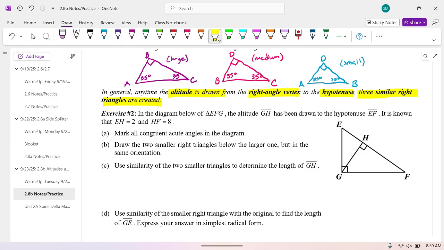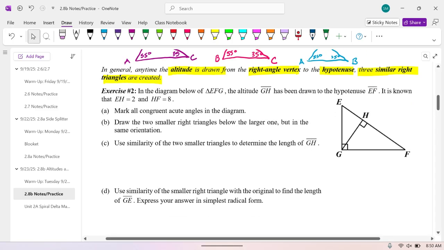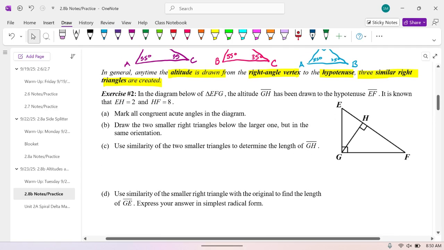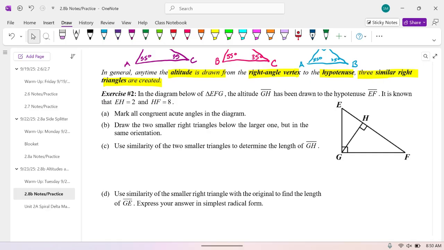All right. So let's actually do some stuff with this. Now, in the diagram below, in triangle EFG, the altitude GH has been drawn to the hypotenuse EF. That EH is equal to 2 and EF is equal to 8. So this right here is our altitude.